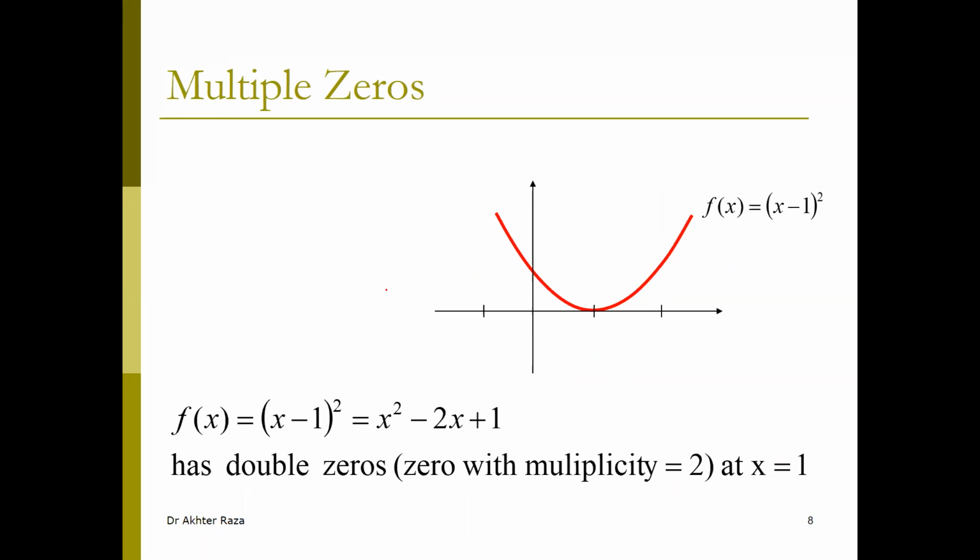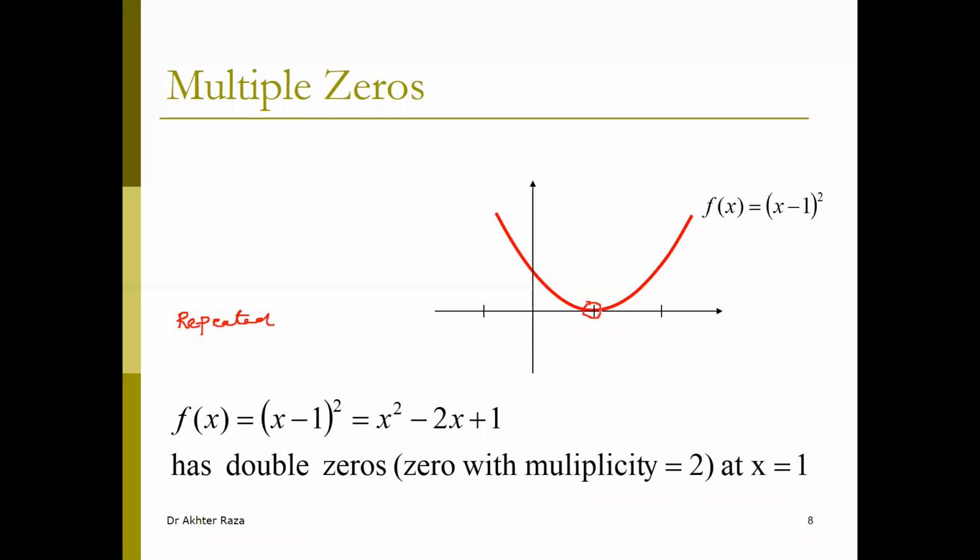Multiple zeros: we have 2 zeros at one point. We call these repeated roots. Repeated roots are those roots at which the function has a second degree, but this is a single point of the function.